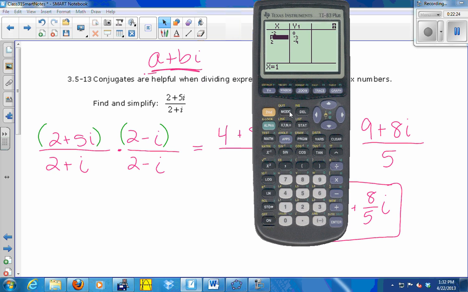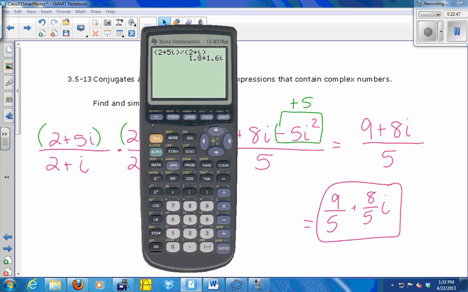Your graphing calculator has an i button, the second function over the decimal point. So I can type in 2 plus 5i divided by 2 plus i, and it gives me 1.8 plus 1.6i. Is that what I got? Is that equivalent to my answer?